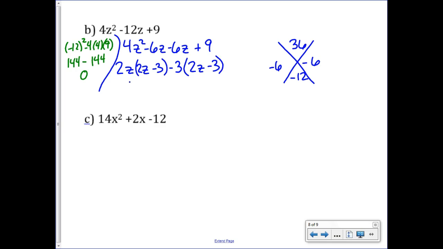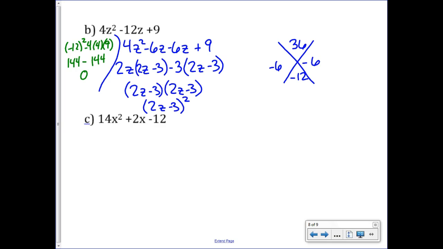So notice I have 2z minus 3 and 2z minus 3 left over. Or we have 2z minus 3 to the second power. We'll discuss that relationship between the discriminant and why that happens with the double factor there in class.